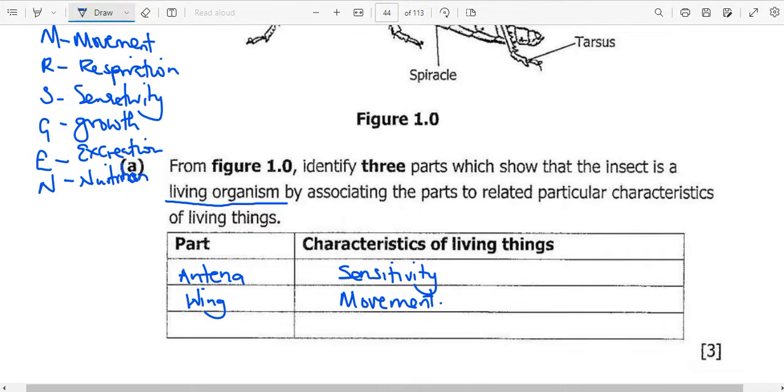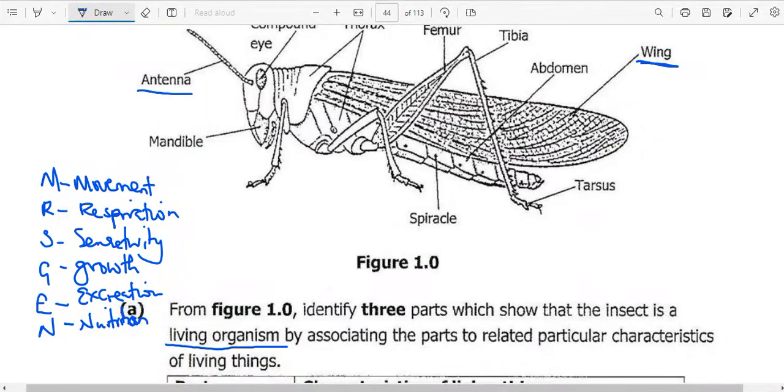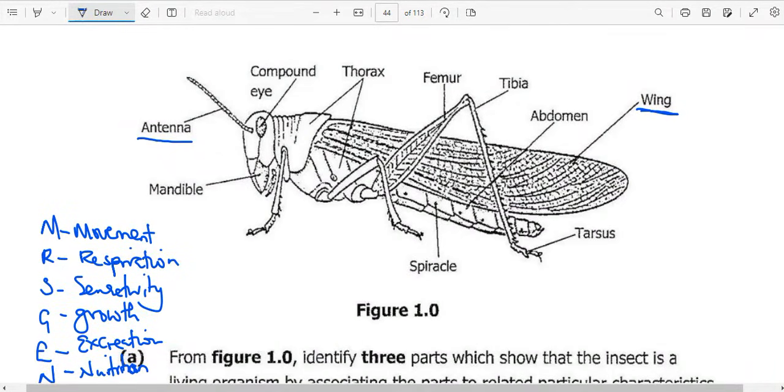And then let us identify the third one. The third one is the mandible.